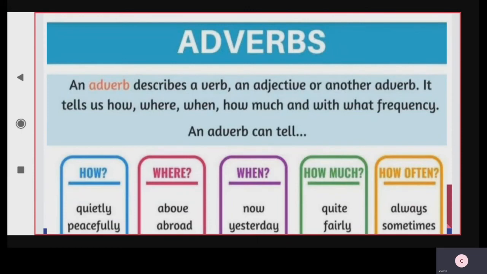Examples: quietly, peacefully, above, abroad, now, yesterday, quite, fairly, always, sometimes are some of the adverbs.